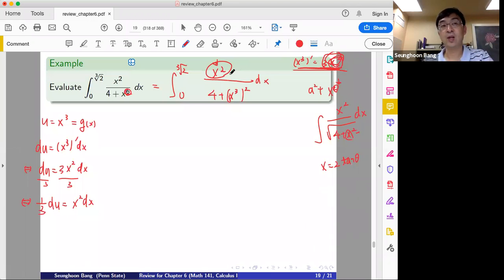My point is you can try the substitution method first. If it works, you can use it. If it doesn't work, you think about other kinds of methods. The first trial is substitution. If it fails, you can use other methods: integration by parts, trigonometric substitution, and so on.